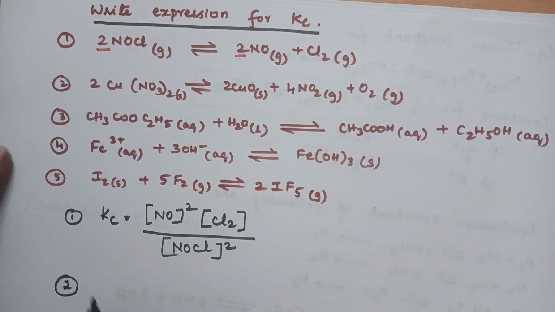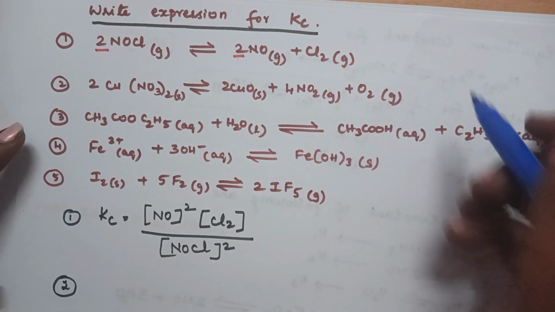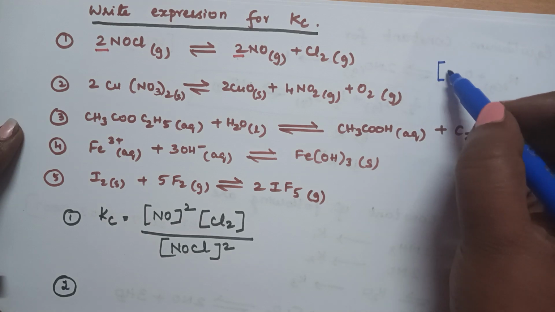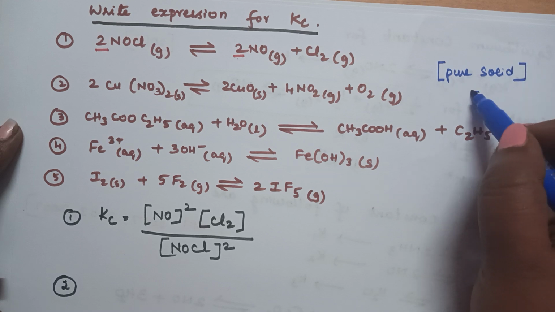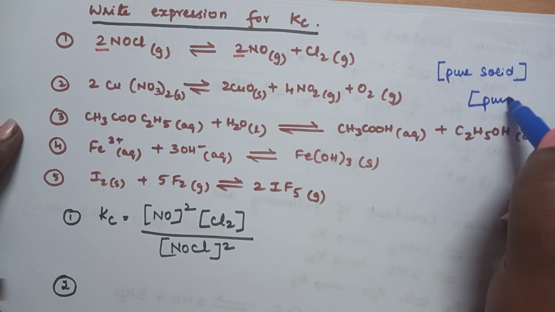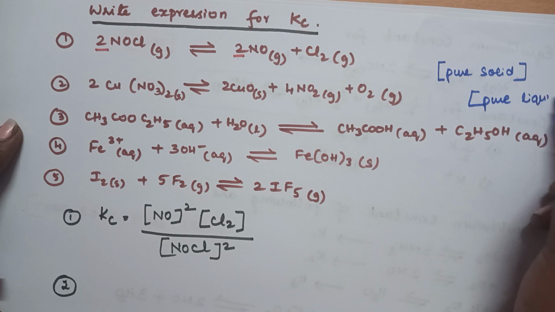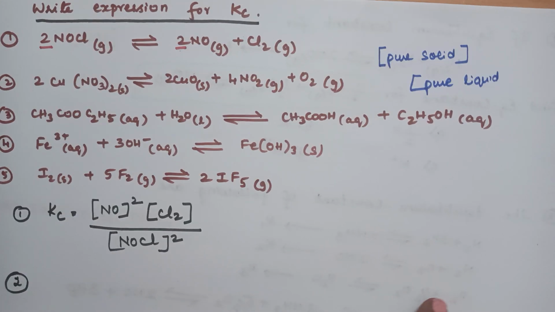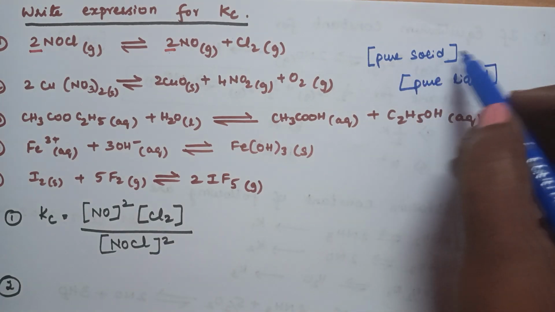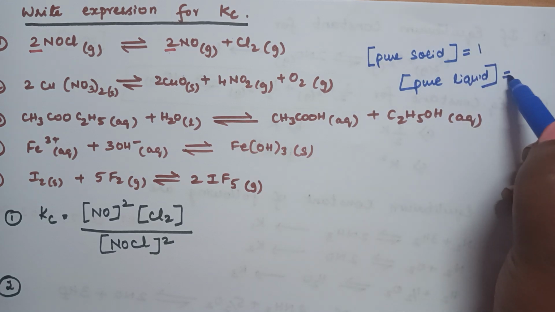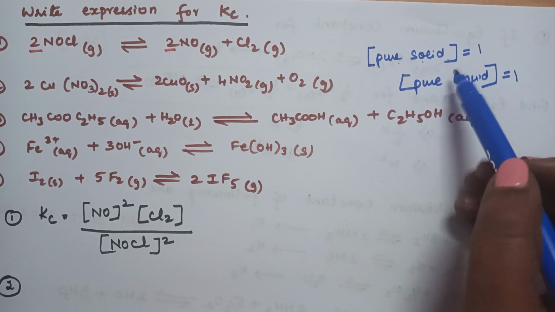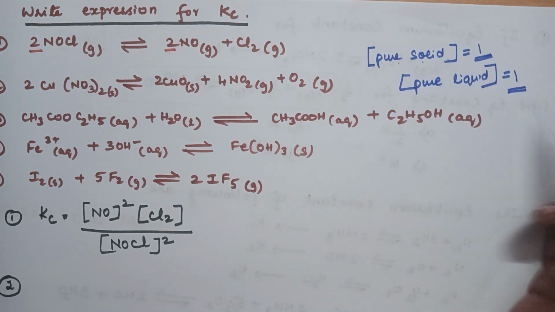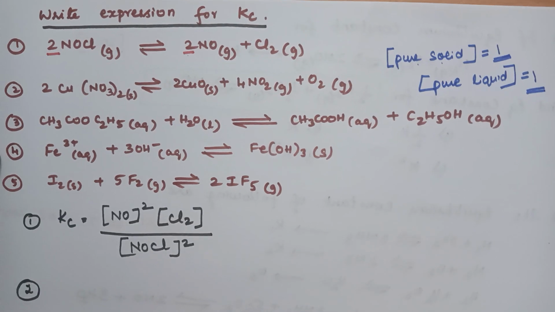Second one. Here one thing we have to remember is that the active mass of a pure solid and the active mass of a pure liquid will be constant. That is why we take the value as 1.